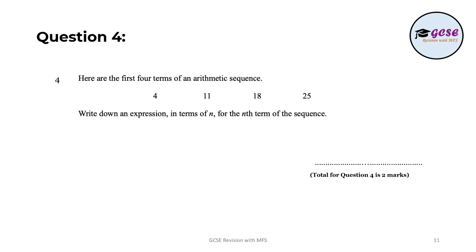Okay, I'm going to go through the answers now. So we need to work out the nth term for this sequence. So we have 4, 11, 18, and 25. Step 1, we work out the difference. So 4 to get to 11, we're adding 7. 11 to get to 18, we're adding 7. 18 to get to 25, we're adding 7.